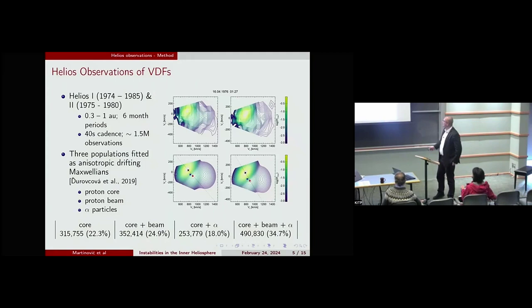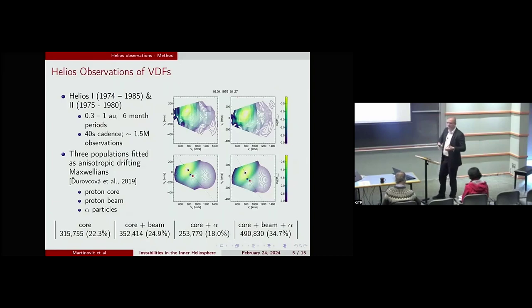So okay, we establish that we have this velocity distribution with a given intensity for a given velocity, and this is generally the anisotropic Maxwellian, meaning the perpendicular temperature doesn't need to be equal to the parallel one. And we assume that protons have two components: the proton core, which is the bulk of thermal particles, and the additional proton beam, the origin of which is unknown and highly debated.